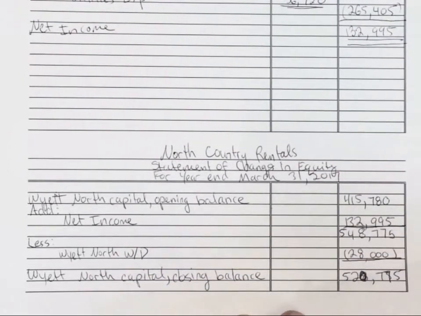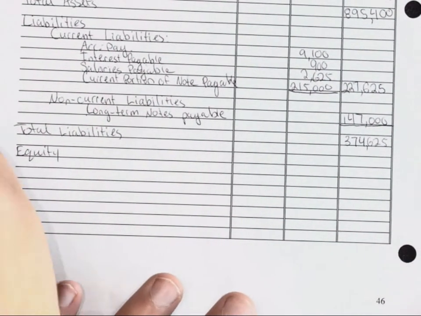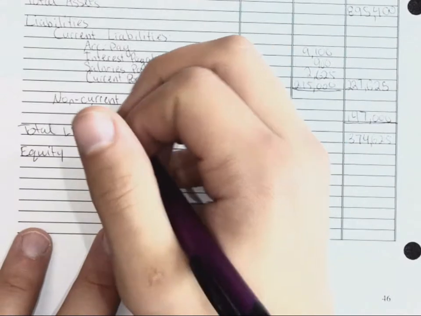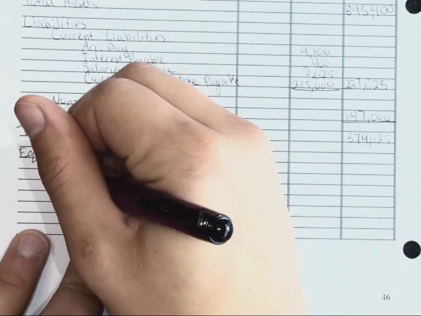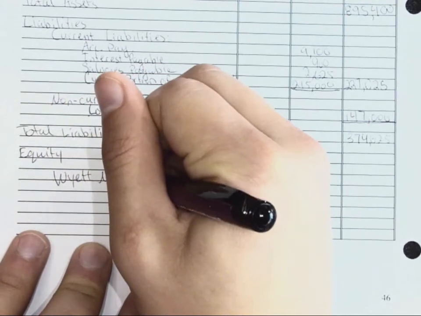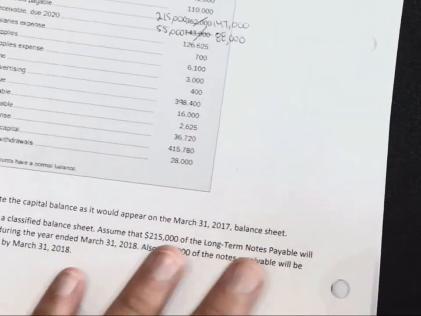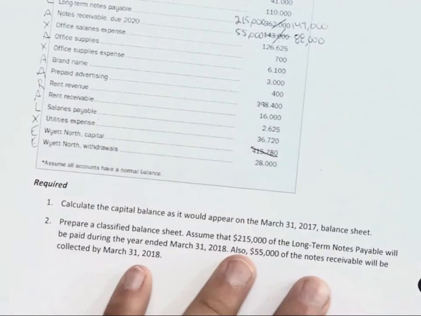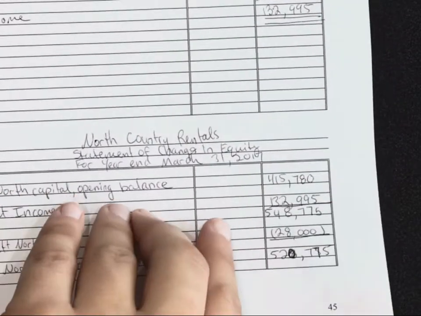It's just presented in a different way. So we're doing it a different way, just so hopefully you can understand the flow through of accounting. So our Wyatt North, Capital, we can't get from our trial balance because we've already changed this. We've determined that it's 520,775.